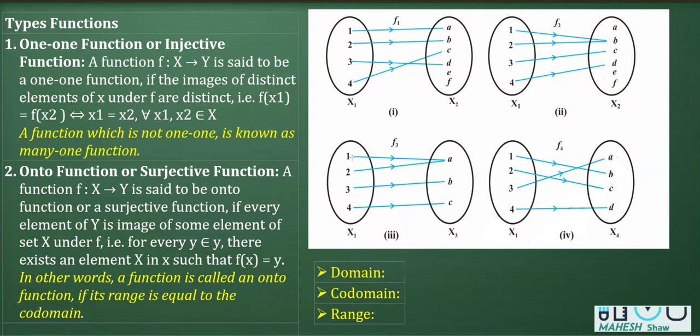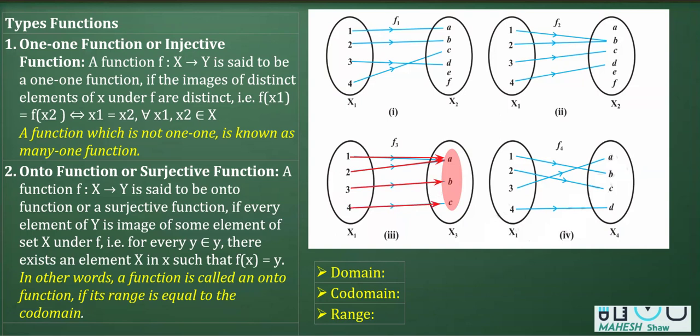Coming to the next, we can see that the range here is ABC. Why do I say the range is ABC? Range is the output, or you can say that ABC are the image of some element of the set X1. As you can see, A is the image of 1, A is the image of 2 as well, B is the image of 3, and C is the image of 4.